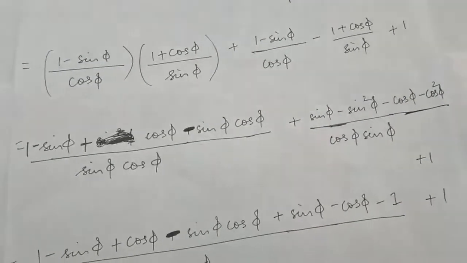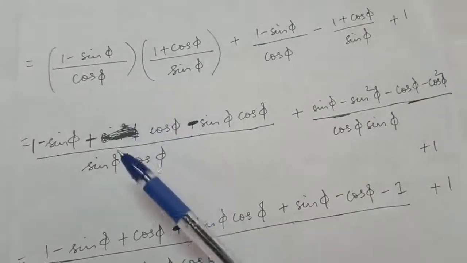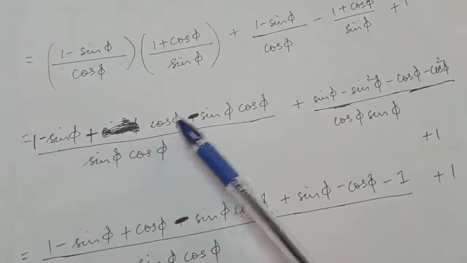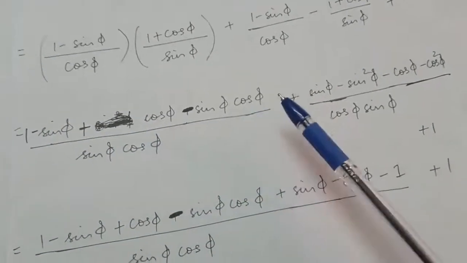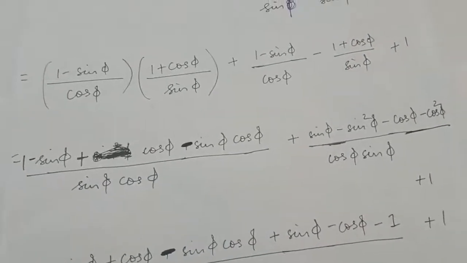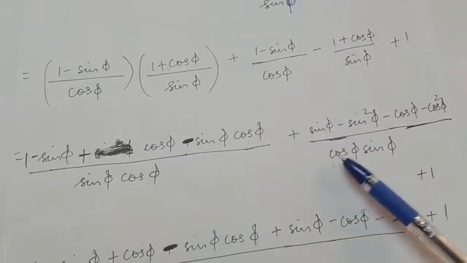Now multiply these two terms. So denominator will be cos phi into sin phi and numerator will be 1 minus sin phi plus cos phi minus sin phi into cos phi, plus take the LCM of these two terms. So LCM will be cos phi into sin phi.